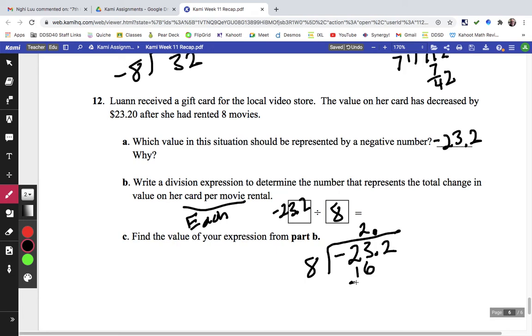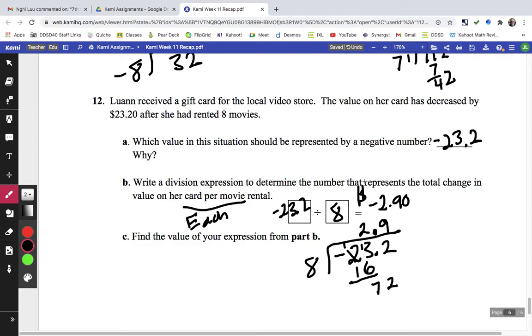That's what I saw a lot of you guys doing today, maybe for the first time. And let's find the difference. The difference is 7. So I bring down that 2, and 8 times 9 is 72. So this is equal to negative $2.90.